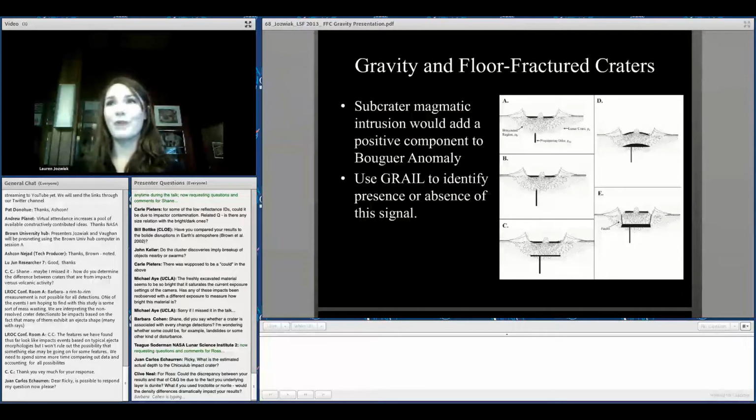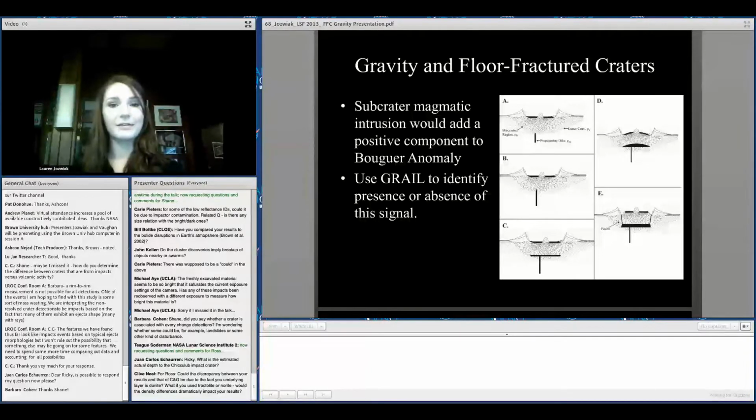So this leads to the question: what can gravity help us to determine about floor-fractured craters? I said the most likely formation mechanism is magmatic intrusion and sill formation. There's a schematic of this shown on the right. I'd add that this is not to scale, but it is emphasized to show the process, wherein a dike propagates, possibly from the mantle, to the base of the crater.